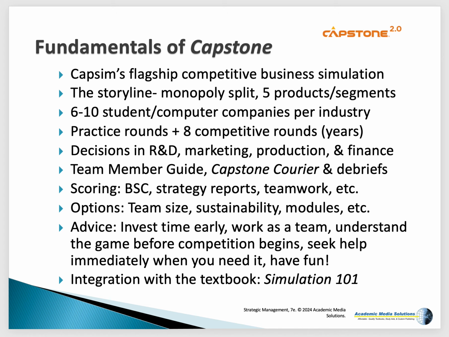That's how the companies start, but then they can decide if they want new products or delete products or modify pricing, production, and so forth, as they go through 8 rounds or 8 years of decisions. Each industry has 6 to 10 student or computer-run companies. That will depend on how it is set up in your class.